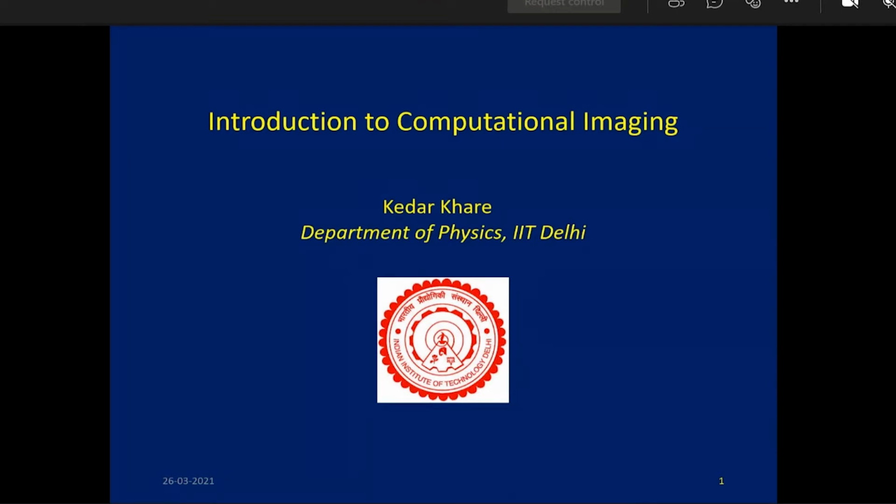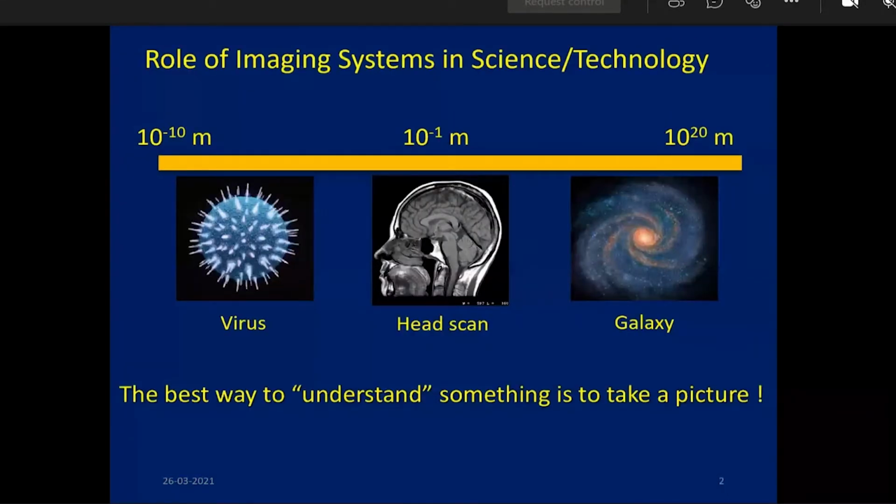For all of you who are interested maybe in pursuing any area of science and technology, imaging systems are actually everywhere. Okay, so we can go from very small length scales like 10 raised to minus 10 meters all the way to 10 raised to 20 meters.